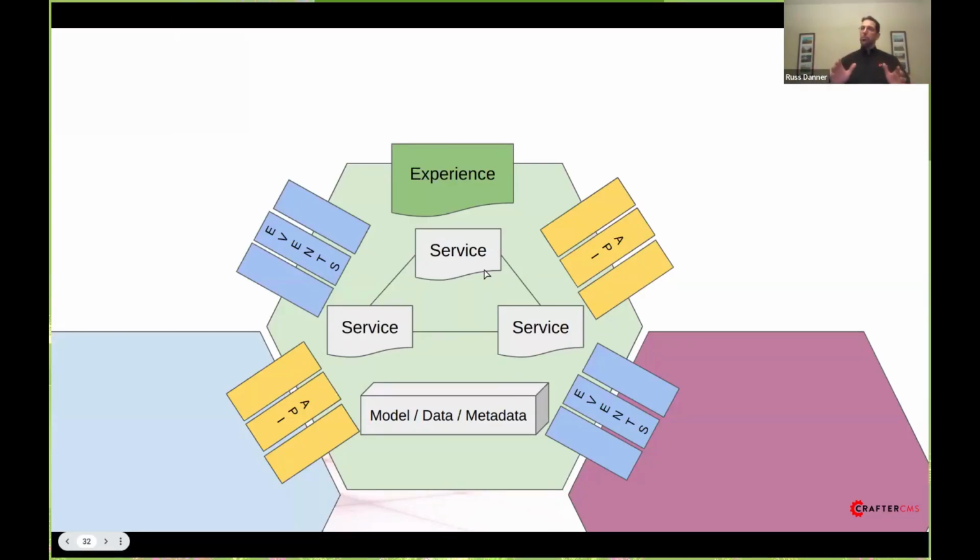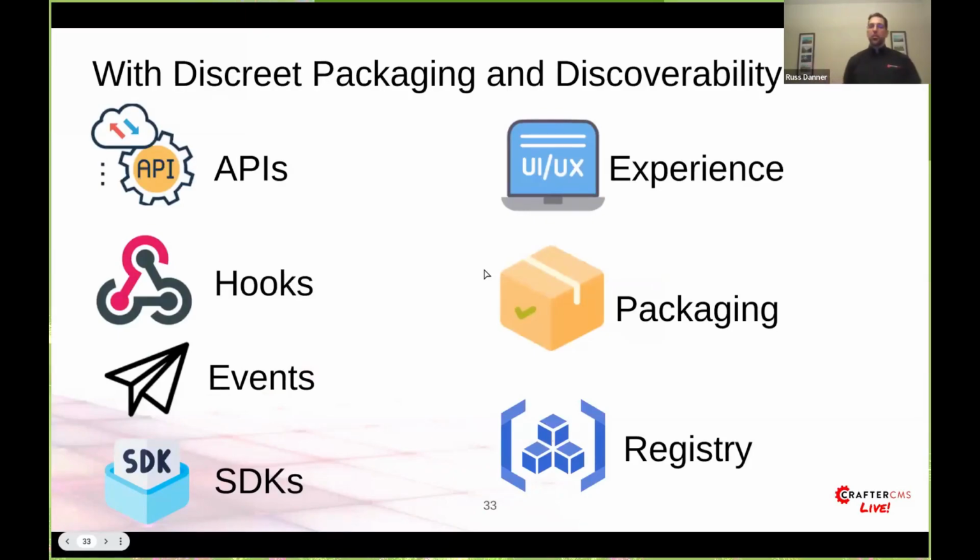And then there's one more bit, which is if we're going to be composable, we must have discrete packaging and discoverability. Personally, I think that as the industry matures around composability, because of discoverability, we're going to see much more AI-powered low-code solutions based on assembling packaged capabilities as if they were sort of Legos, right?